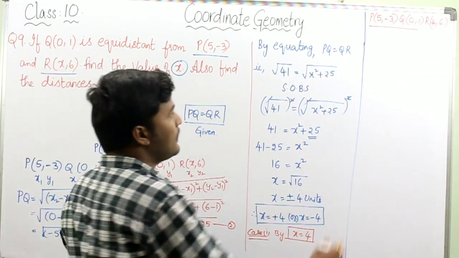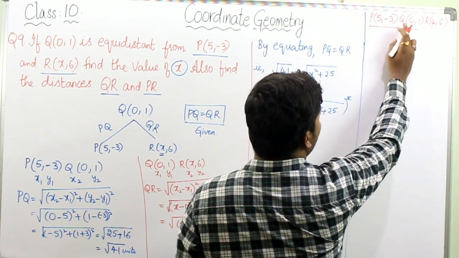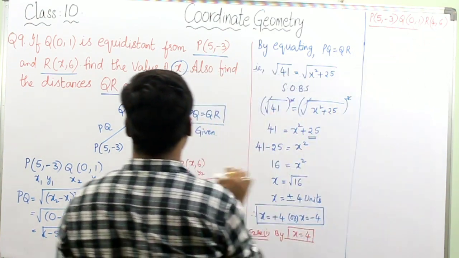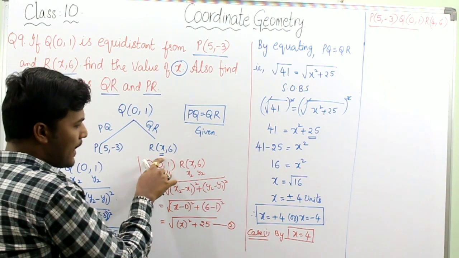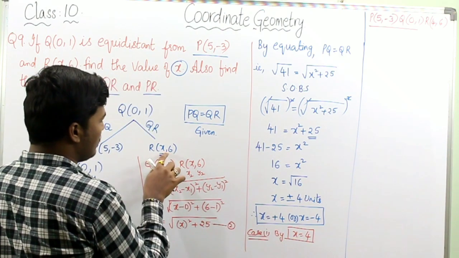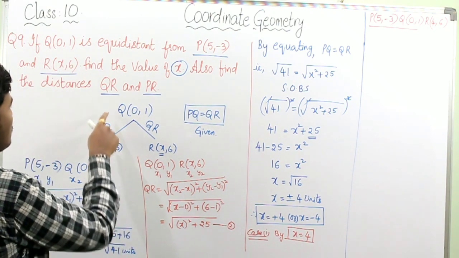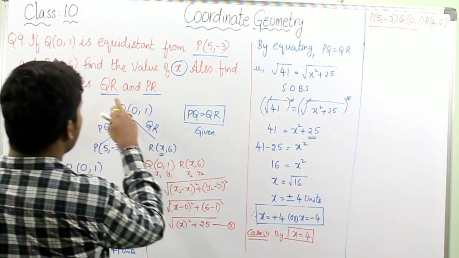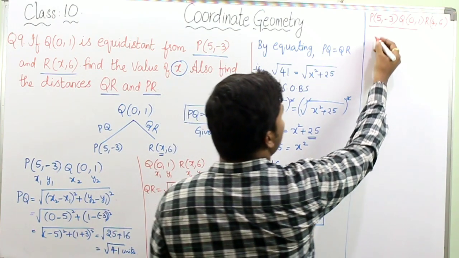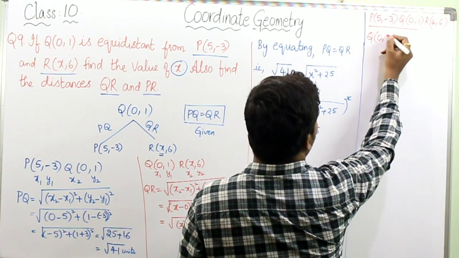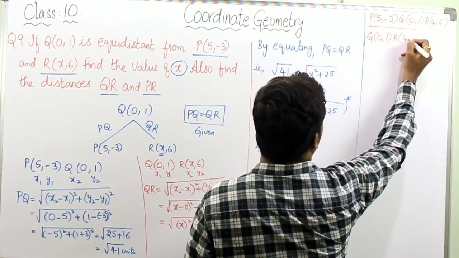Now the points are P is 5 comma minus 3, Q is 0 comma 1, and R is 4 comma 6, because I am considering the value of x as plus 4 first. So when I consider this x as plus 4, now let us find out QR, that is Q is 0 comma 1 and R is 4 comma 6.